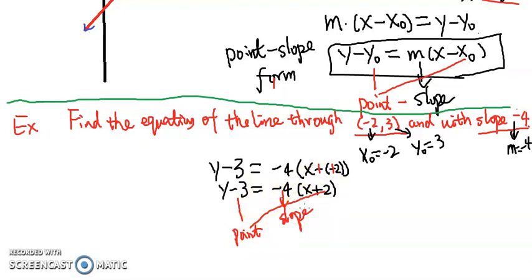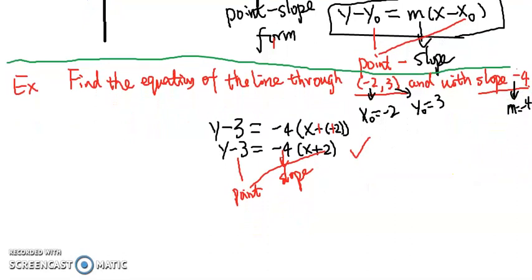If they did not ask you to write your solution in a specific form, you can stop right here. So this is a correct answer. But if they ask you to write the equation in other forms, for example, slope-intercept form, you can continue to simplify it. So let's do a little bit of algebra work here. Again, the next part will be discussed in the next video.